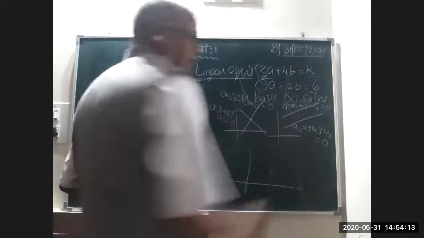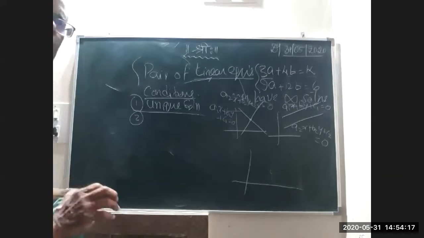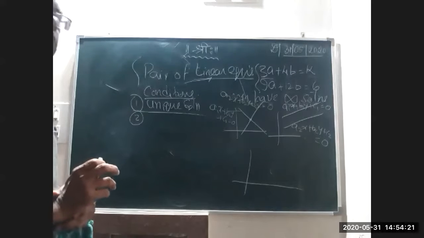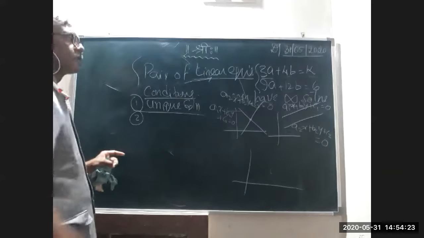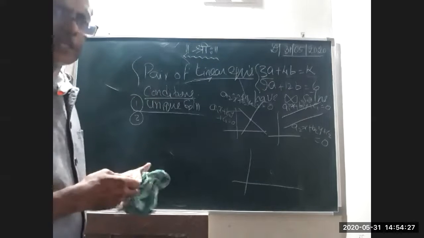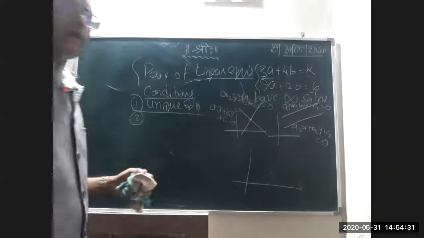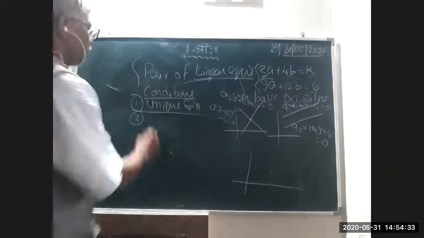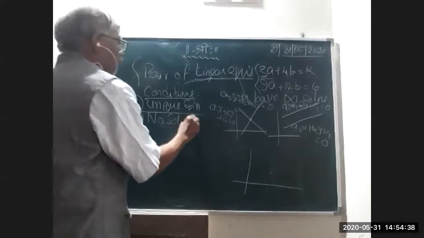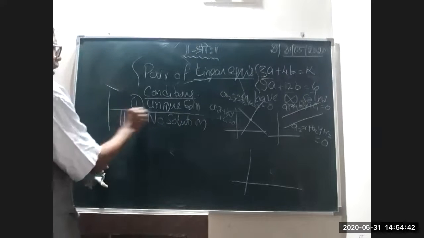Since these two are parallel, they are not meeting each other. Therefore the equations have no solutions. They are not intersecting each other, so no solution. Parallel means no solution.